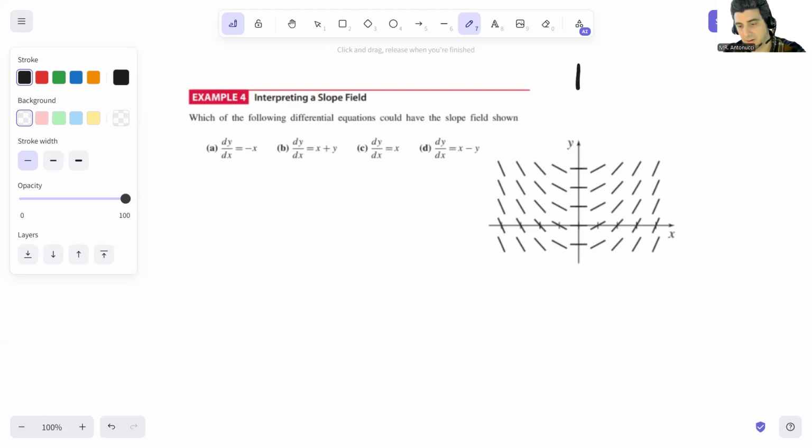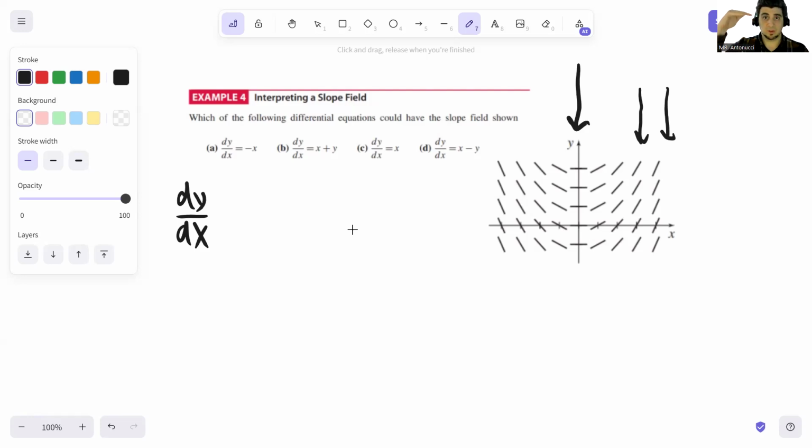So right here, all of these have the same slope. Okay, that is for a fixed number x, dy/dx is all going to be the same. This means dy/dx does not depend on the value of y. If you look at any vertical line, all the slopes are going to be the same along that vertical line.